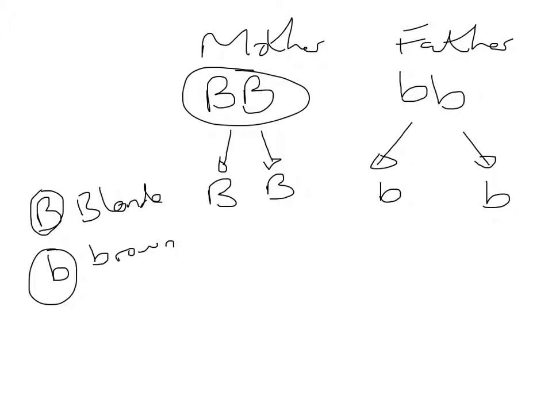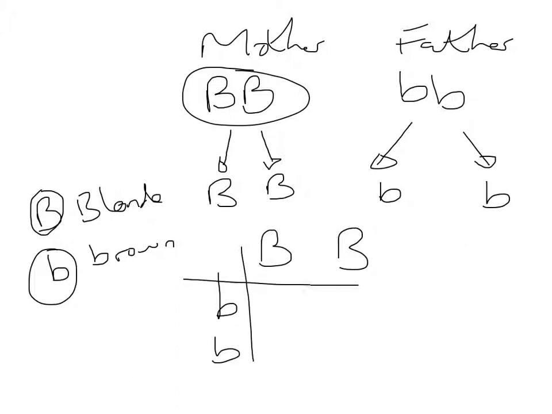So, we can then combine them in what's called a Punnett square diagram to show the different combinations of offspring that could be produced. This side's the mother and this side's the father.